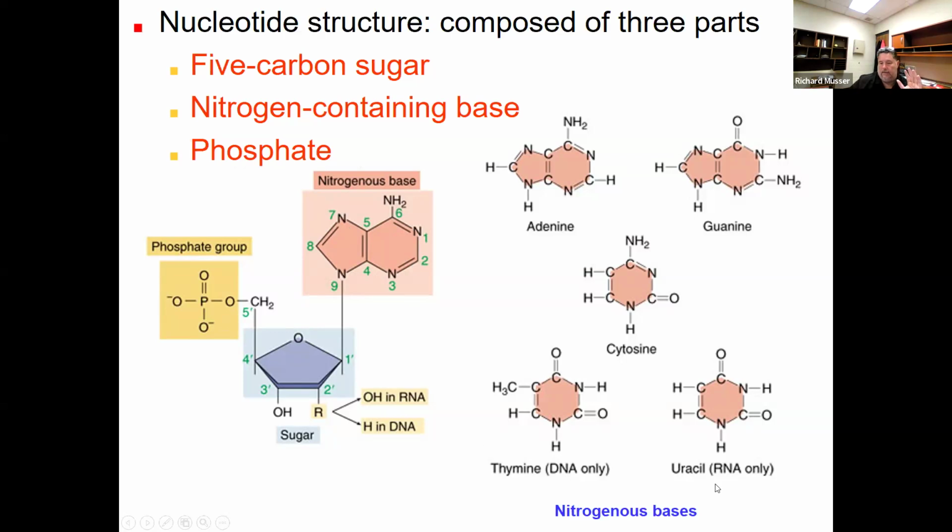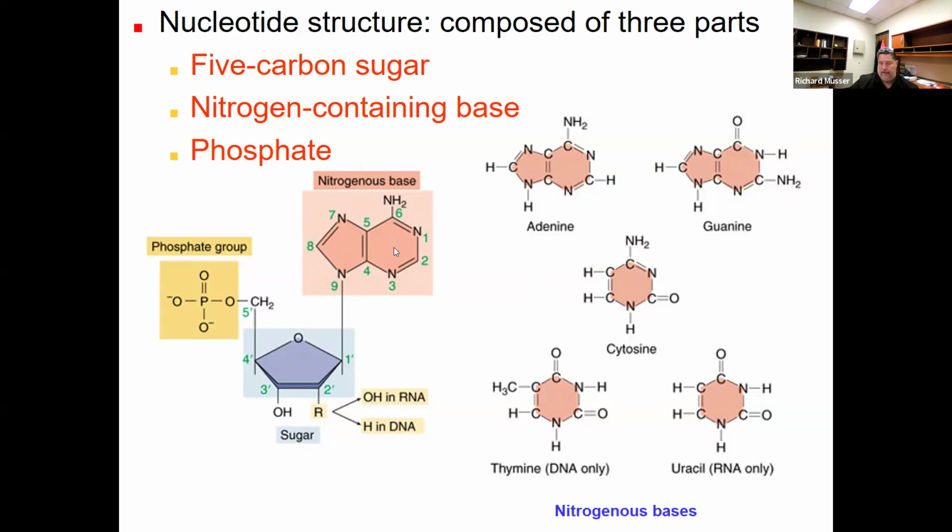So when we talk about DNA, we're talking about 4 nucleotides. This is kind of important. You have adenine, guanine, cytosine, and thymine. Those are the 4 nucleotides that make up DNA. Now, when we talk about RNA, most of it's the same, except remember, it's going to have the hydroxyl group now on the sugar.